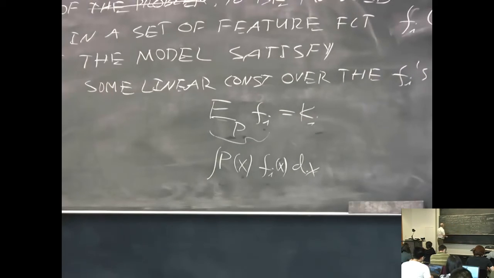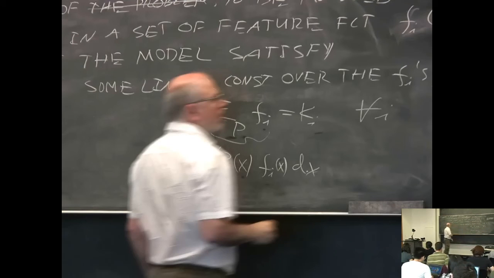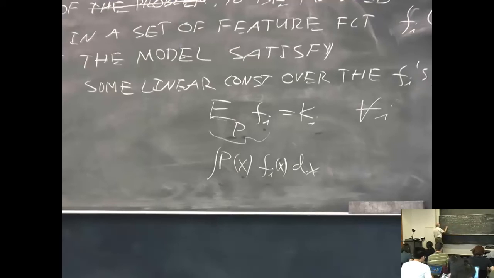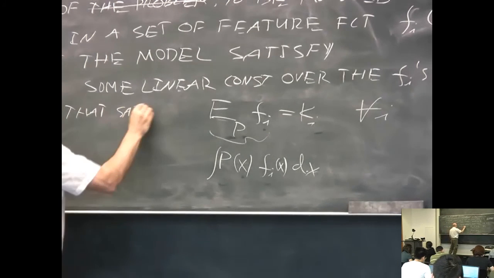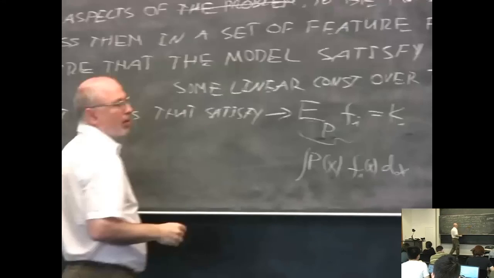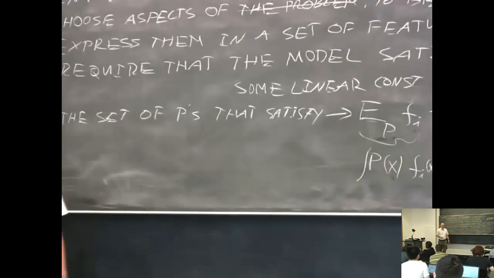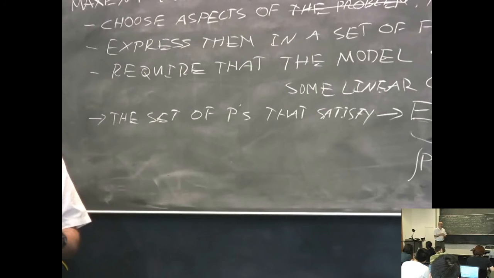And this, to satisfy all the i's, the set of P's that satisfy all of this is either empty, namely the feature functions with their constraints are inconsistent.